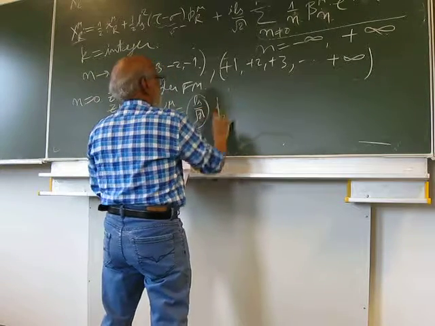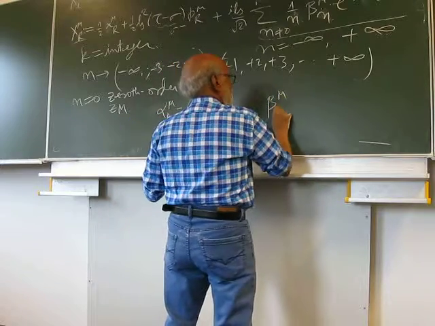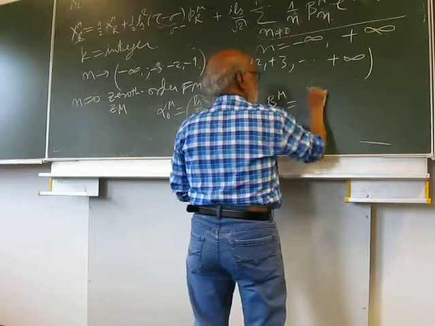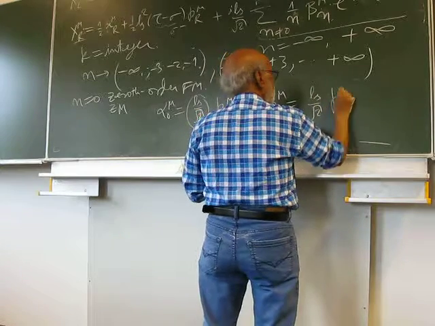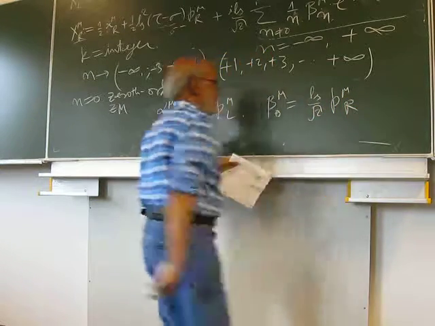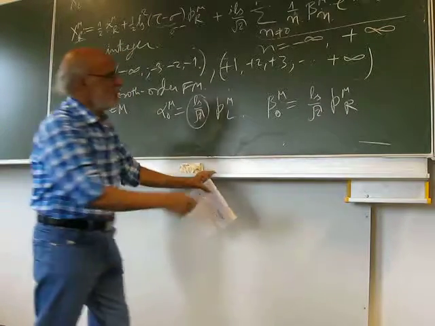So this is Ls by square root of 2 times P mu L, and beta 0 mu equal to Ls by square root of 2 times P mu R. So these are the two terms.